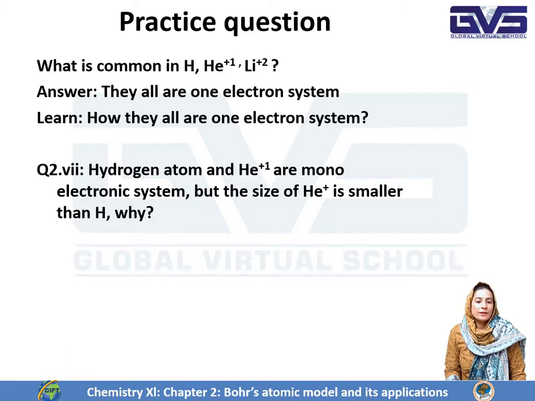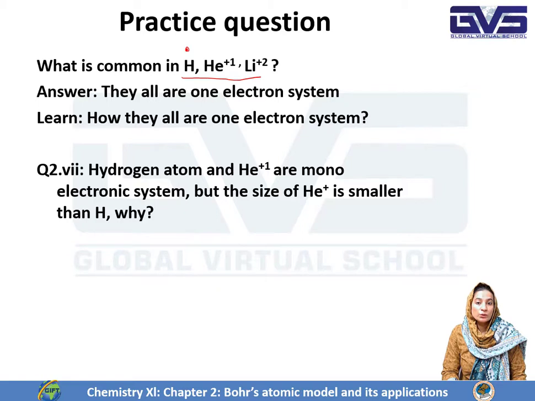Students, I am asking you, what is common in hydrogen, helium and lithium? Why was this calculated for hydrogen, helium ion and lithium ion? Yes, these are all one-electron systems, mono-electron systems. How? Hydrogen's atomic number is 1, so 1 proton, 1 electron. Helium's atomic number is 2, so 2 protons.